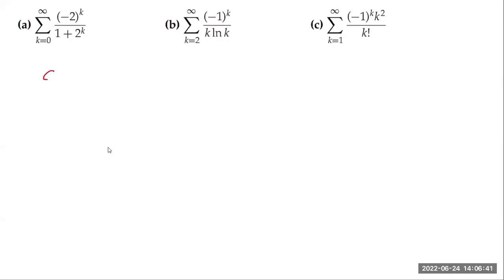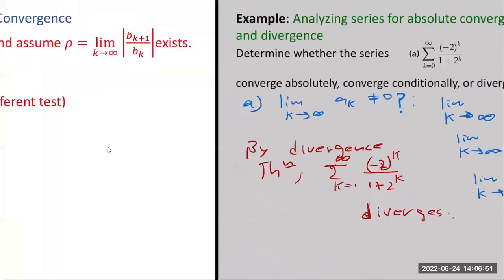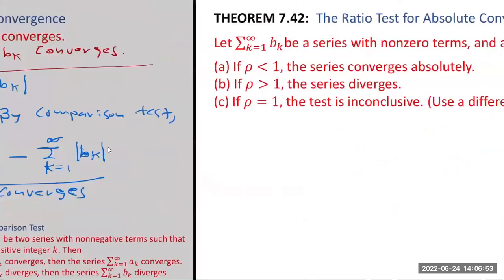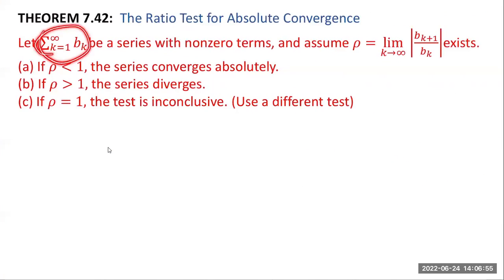For that, I'm going to identify my a_k. Pardon me, let's use the same notation as in the theorem. Let's use b_k for the series, okay?